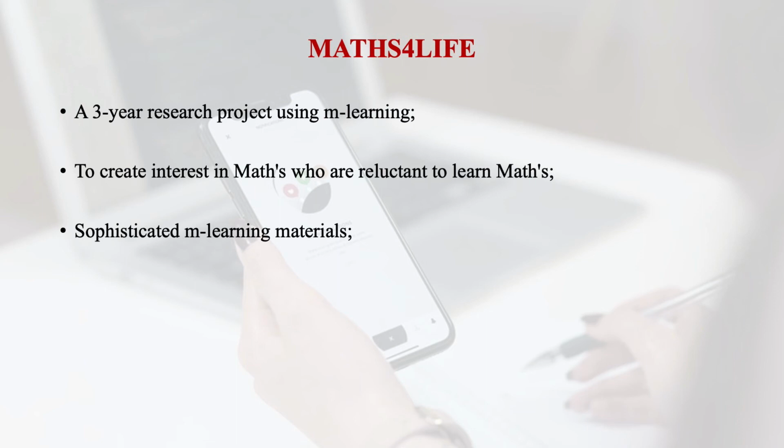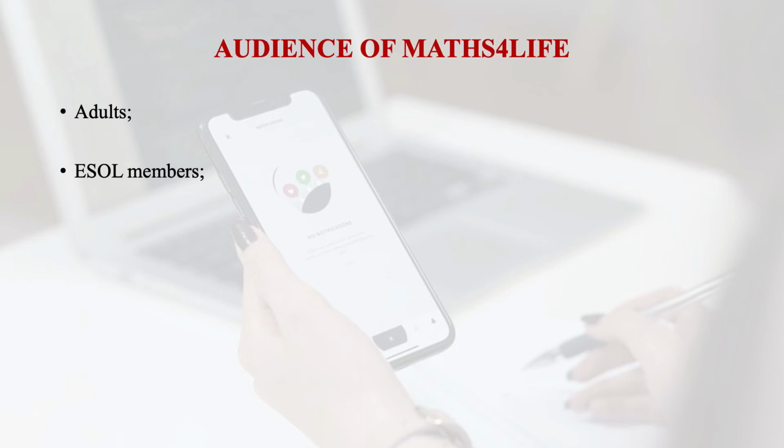Then you can also put sophisticated mobile learning materials. Then there are quizzes in mathematics, and then there is a detailed report on the progress of the learning of the student under the Maths for Life project. So the audience of Maths for Life are adults, ESOL members, ex-offenders, and families.